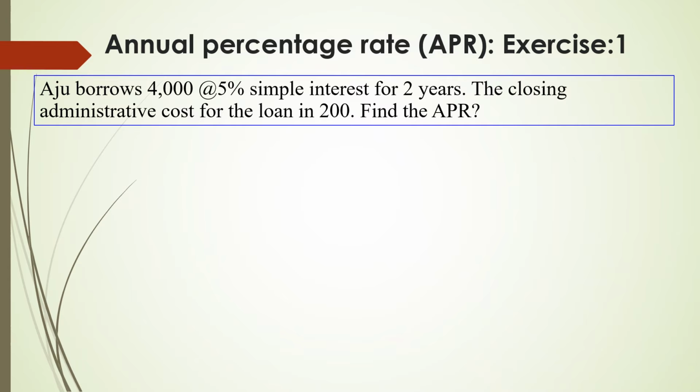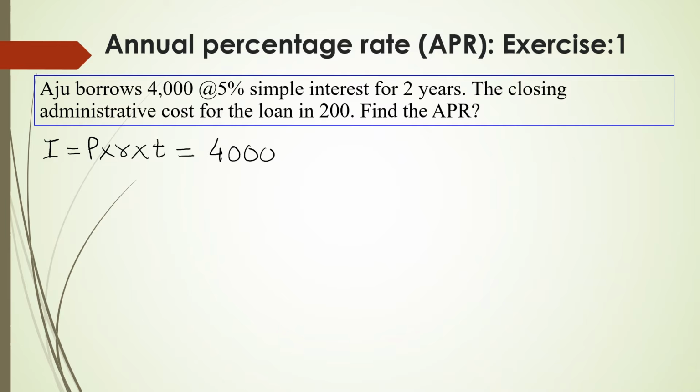So the first thing that we need to do here is find out the interest. Here the interest given is simple interest, so we will use the formula for simple interest, which is I is equal to P into R into T. P is my principal amount, or the amount of loan taken. What is the amount of loan which is taken by Aju? It is 4,000. Multiply by rate of interest.